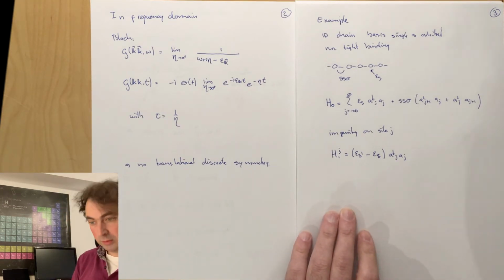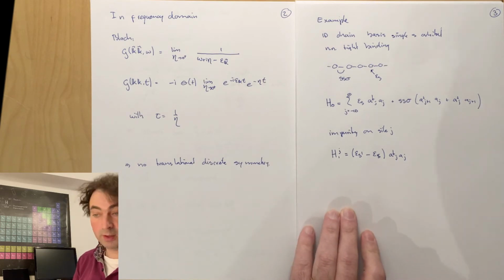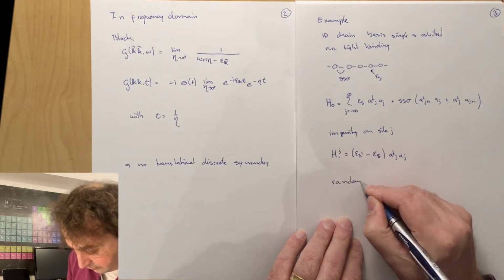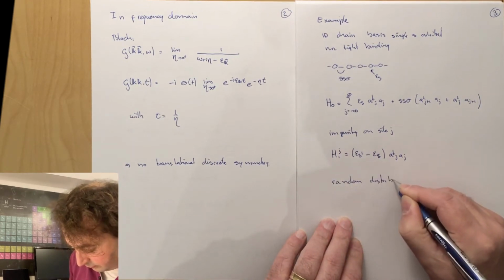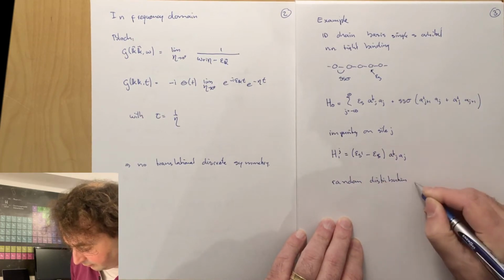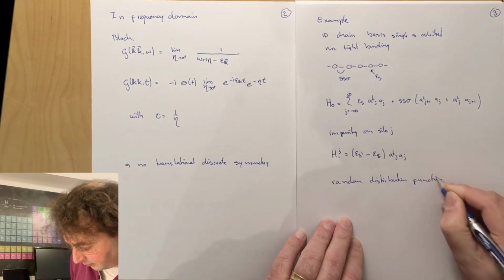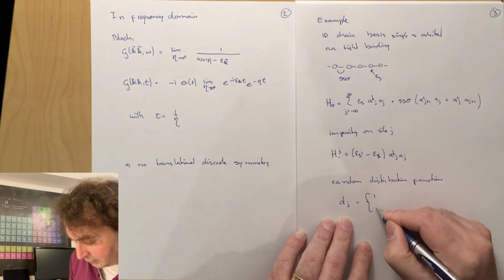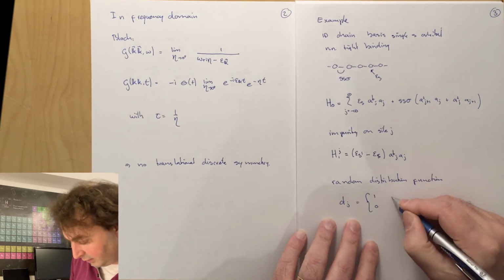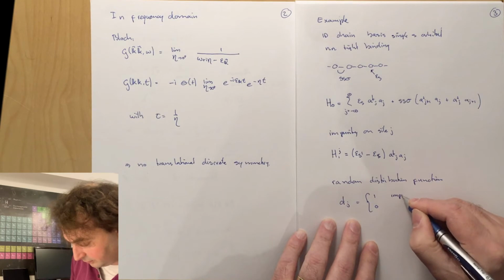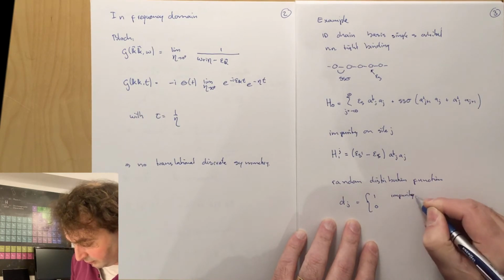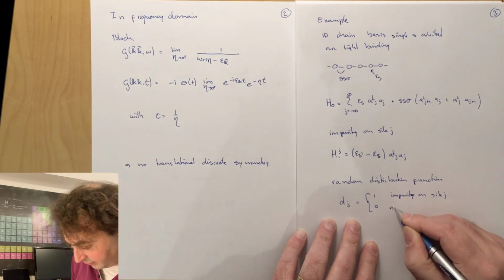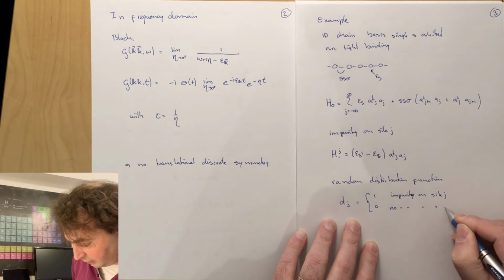Now, in order to make a random distribution of these impurities, we'll define a distribution function d_j, and this is going to be 1 or 0, and it is 1 when there is an impurity on site j, and 0 when there is no impurity on site j.